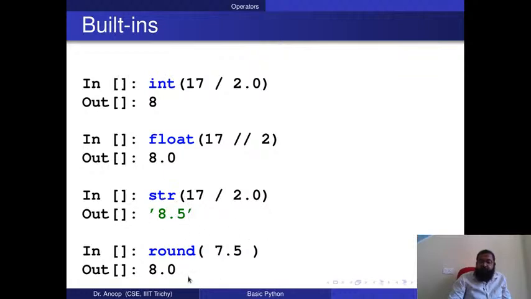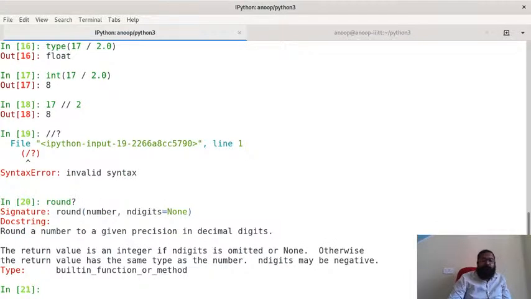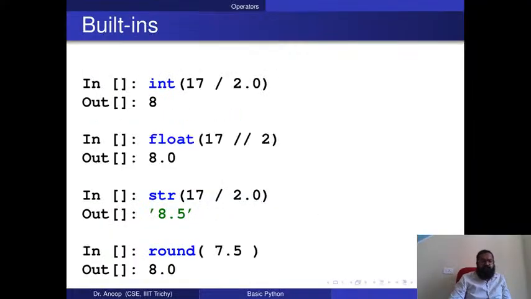And the round function takes the value 7.5 or any value, and rounds it off to the nearest integer. Round, question mark: round a number to a given precision in decimal digits. I can have another function called floor, I think. Oh, that's not there already. That's fine anyway.